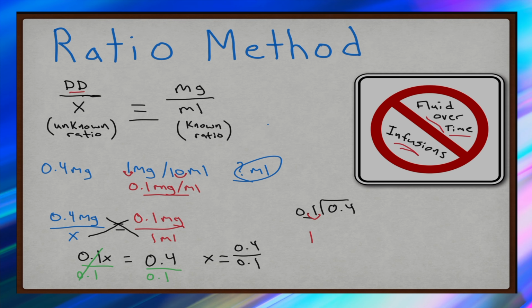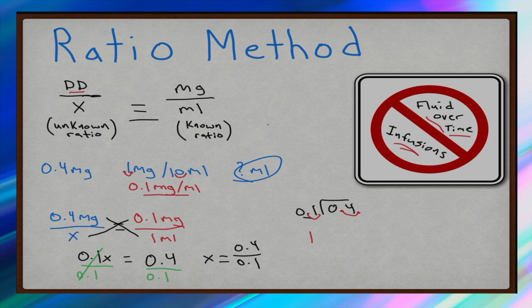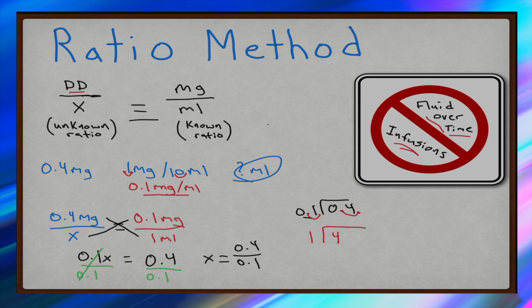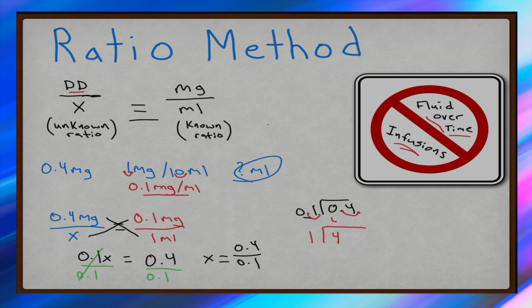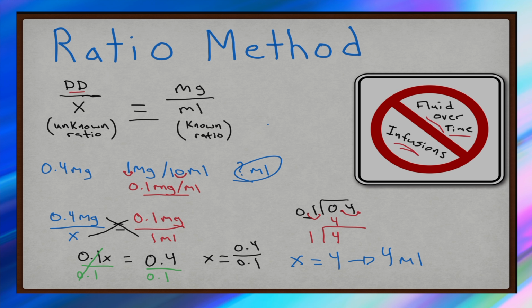And because I did it here, I need to also do it on the inside. And I'm going to take the decimal here and move it one place here. And that's going to become 4. So now I'm doing 4 divided by 1, which we know is 4. So X equals 4, which means I'm giving my patient 4 milliliters.